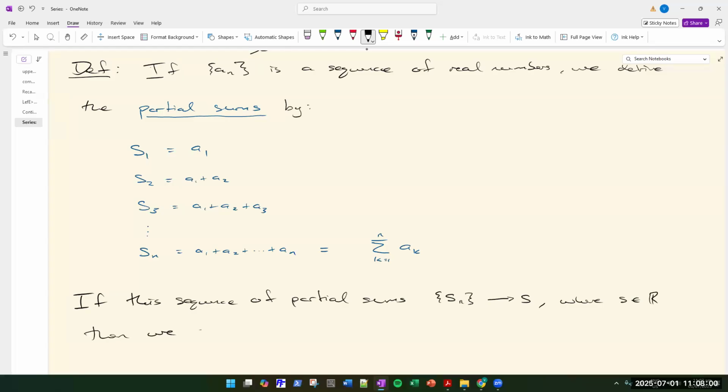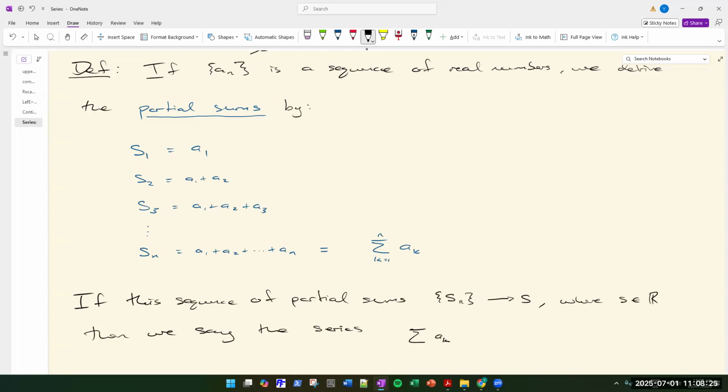then we say the series, or the infinite series. Sometimes you can leave out the word infinite. It's usually understood that the series is infinite, meaning you are adding infinite terms. Then we say that the series summation, over here we could write a_n or we could write a_k.